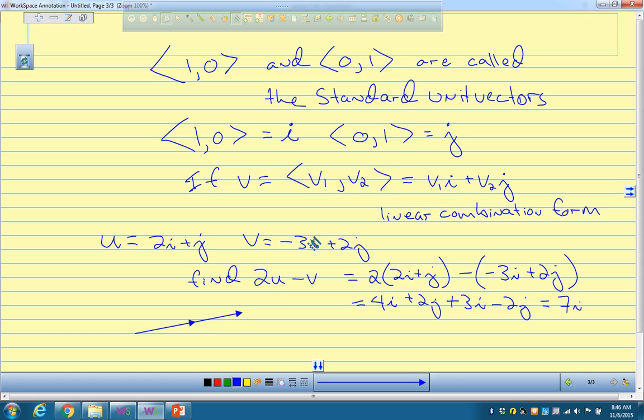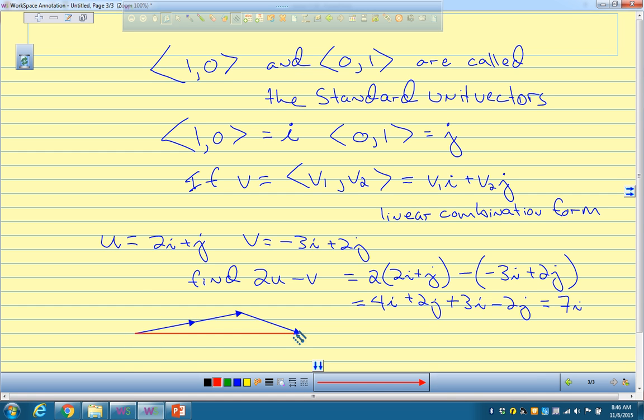And then if I subtract v, that is back 3 and up 2. That would be the same as going forwards 3 and down 2, right? Something like that. And so my resultant vector would be right here.